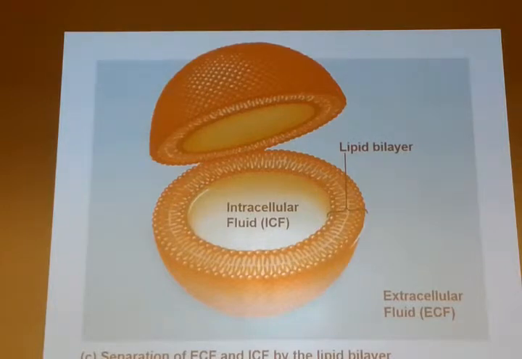And so he thought there must be channels that water is able to go through. So he went out looking for water channels. He discovered aquaporins, and he got a Nobel Prize and $1 million.